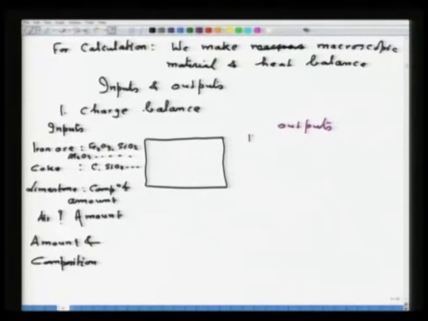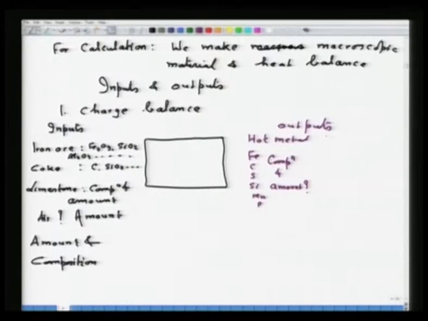On the output side, the output consists of, for example, hot metal. Hot metal composition, say iron, carbon, sulfur, silicon, manganese, phosphorus. So, here again composition and amount we are interested in.